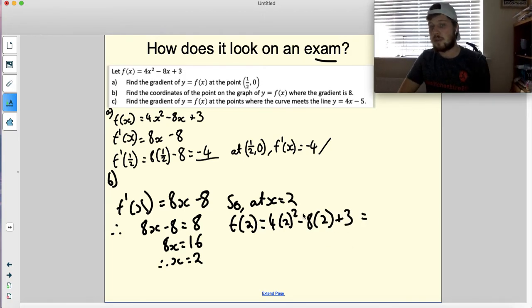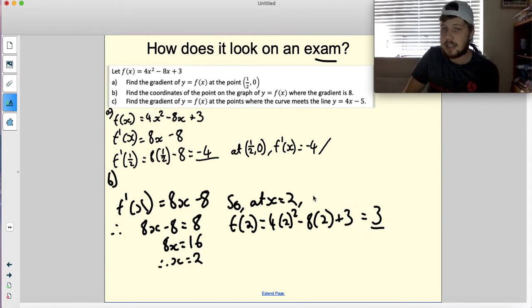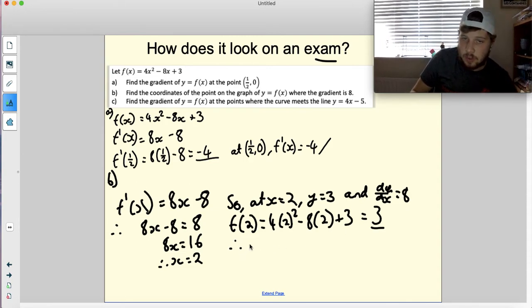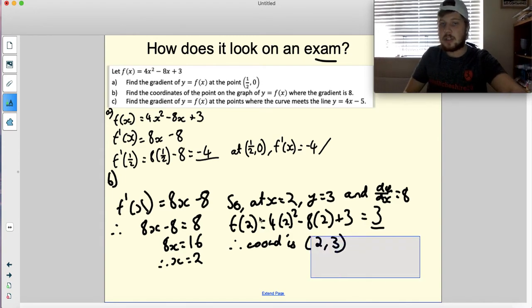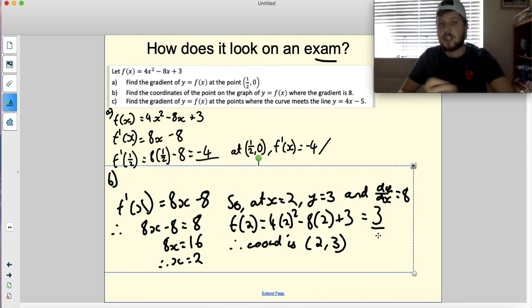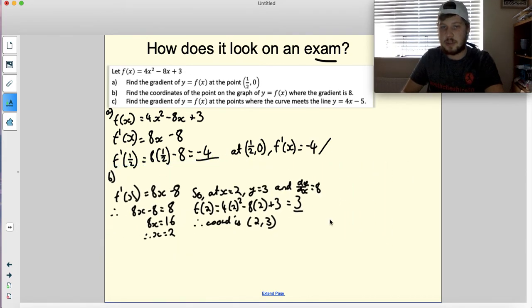Well, 4 times 4 is 16, subtract 16 plus 3, my answer will be equal to 3. So at x equals 2, y equals 3, and my gradient is equal to 8. Therefore, the coordinates are 2, 3. Just make sure you're explicitly answering the question that they are asking you.